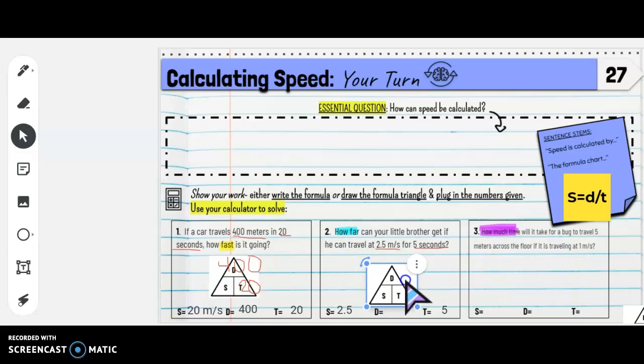So I'll take my formula triangle and plug in what I know. Speed is 2.5. So here at the bottom left, we'll put 2.5. The time is 5, so that goes here at the bottom right. So since these numbers are right next to each other, to solve for our distance, we will multiply 2.5 times 5.